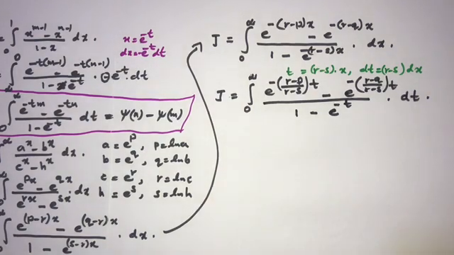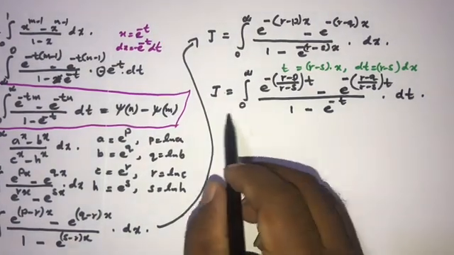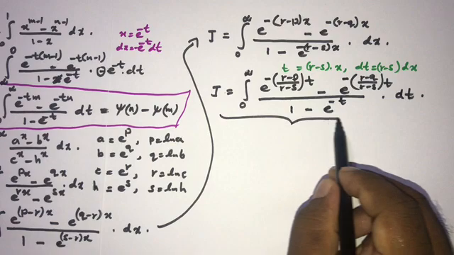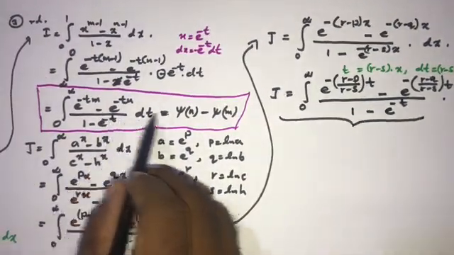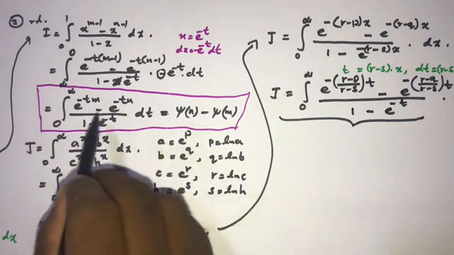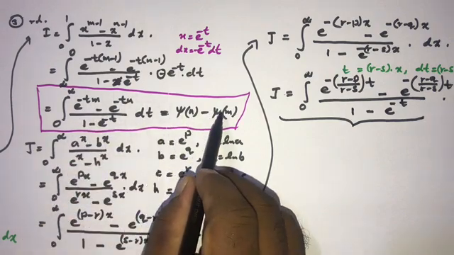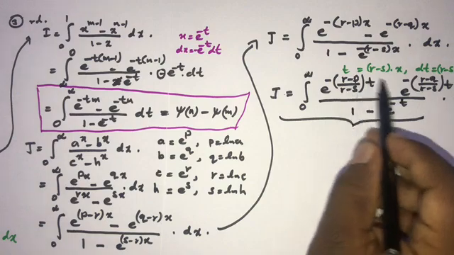Okay, now this is the same as this integral. So we know this type of integral, digamma of n minus digamma of m, is also the same as this integral.